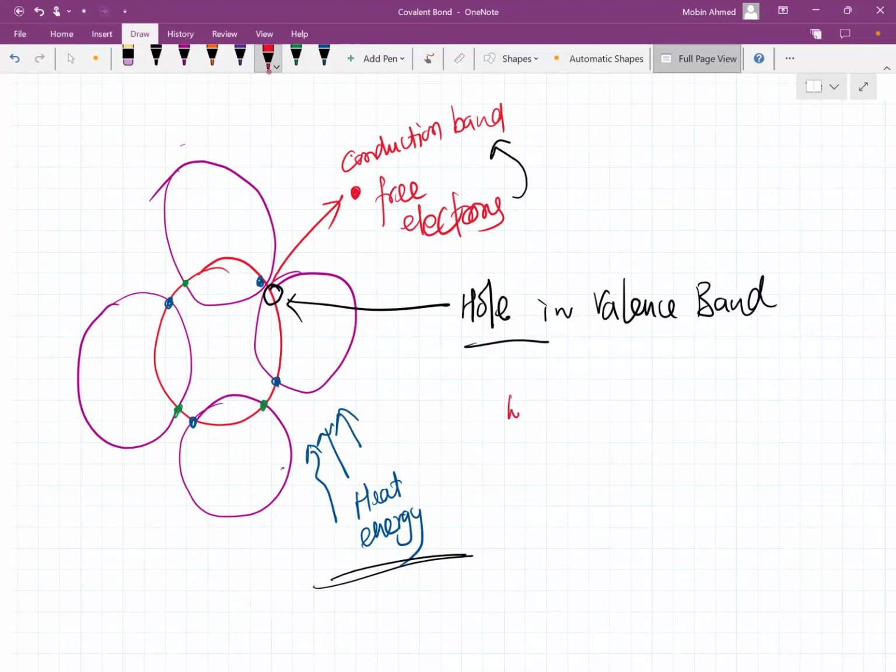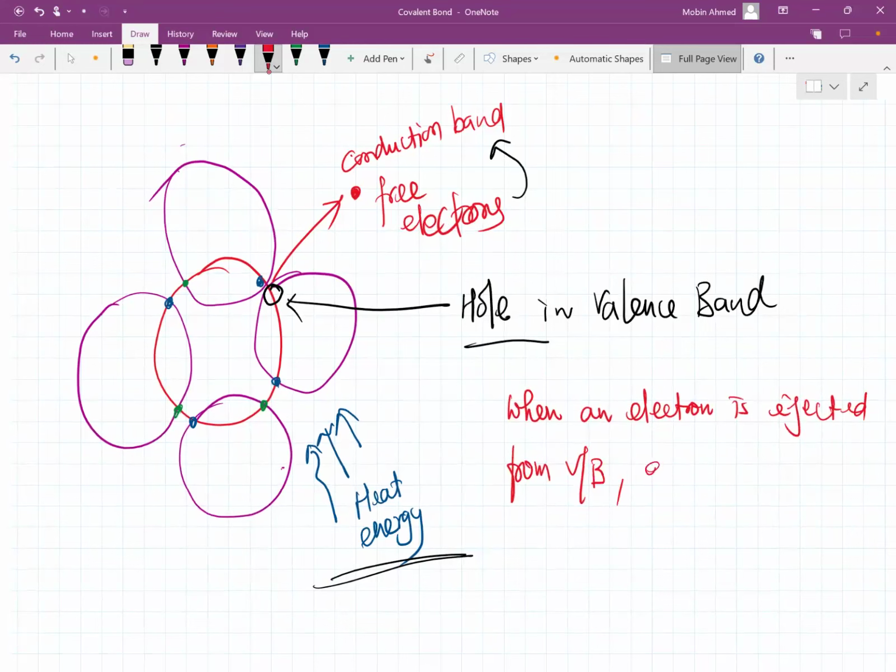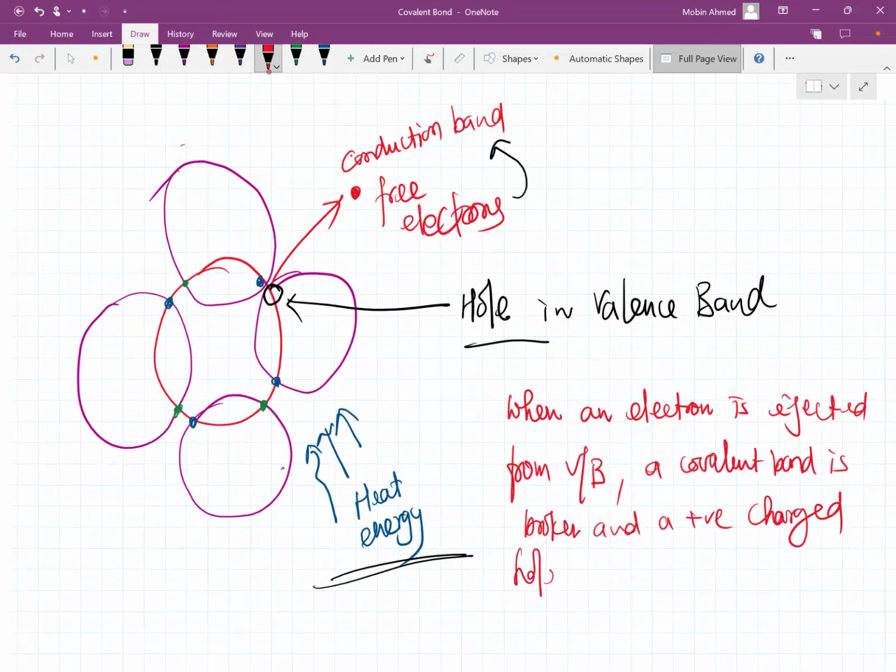So, when an electron is ejected from the valence band, a covalent bond is broken and a positive charge hole is left behind.